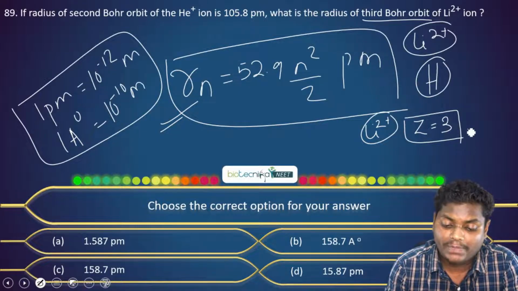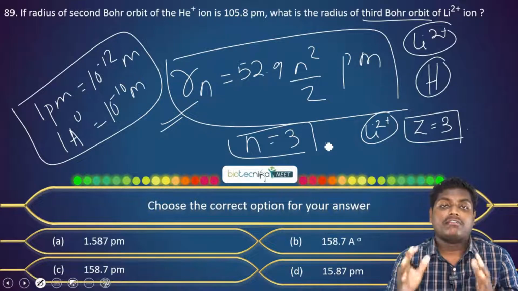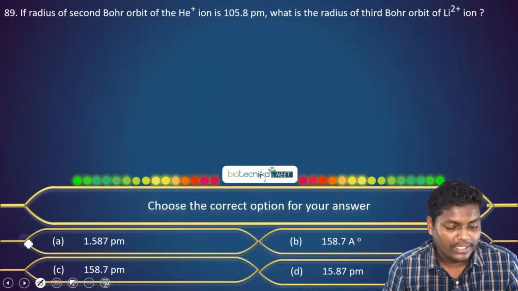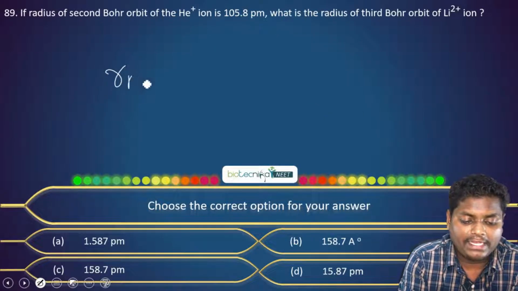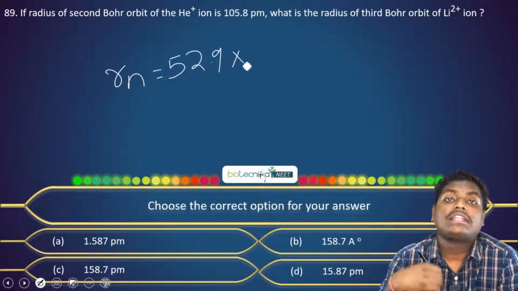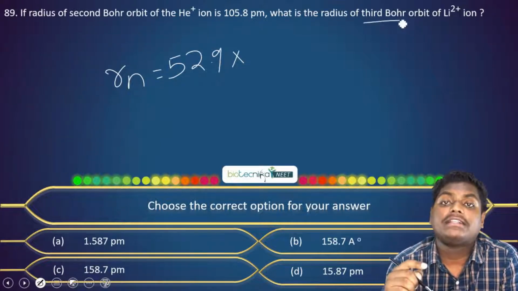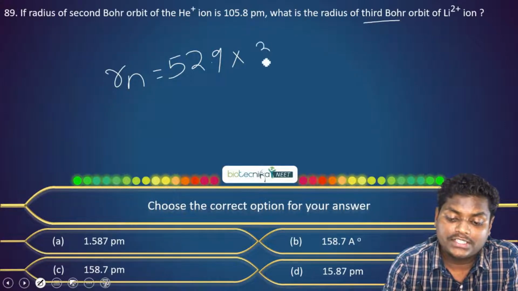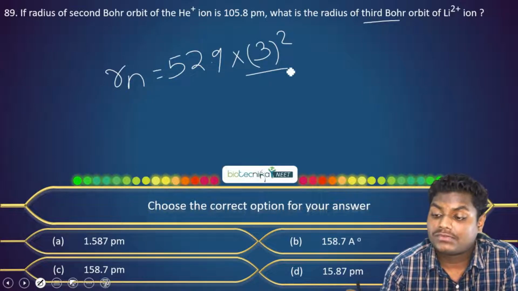And what is the orbit they are saying? They are saying the orbit to be 3. So just plug in the values and solve it. R is equal to 52.9 into n square upon Z. Since it's the third orbit, n will be 3, so 3 square, and for lithium Z is 3, the atomic number.